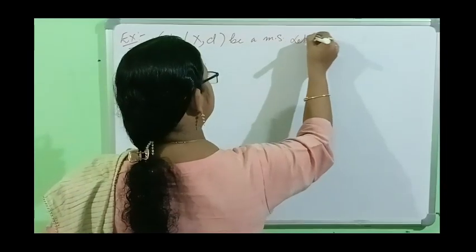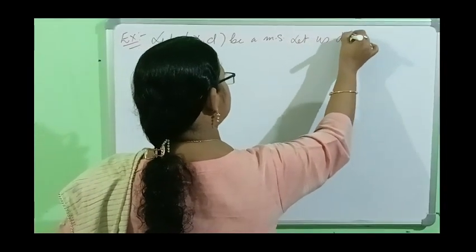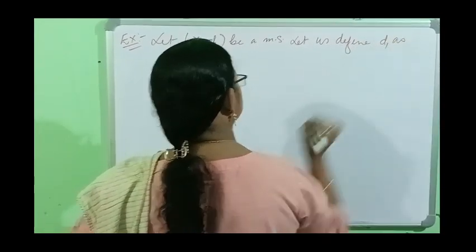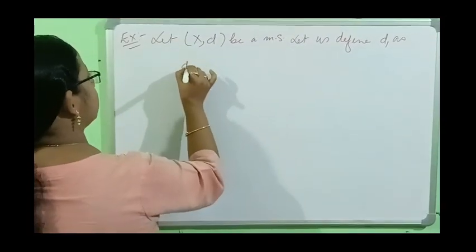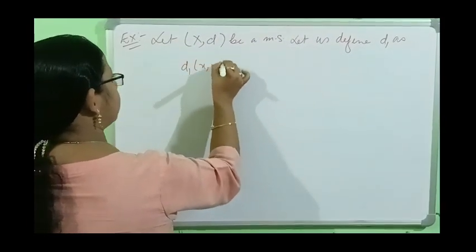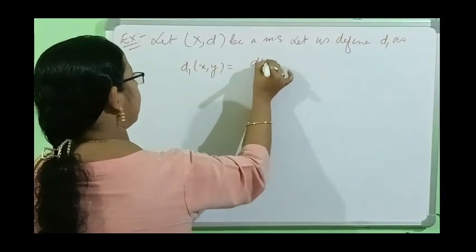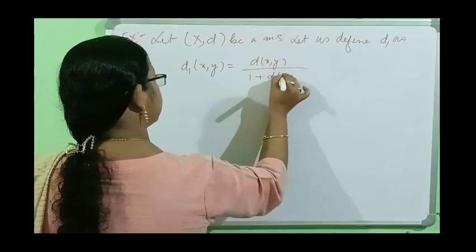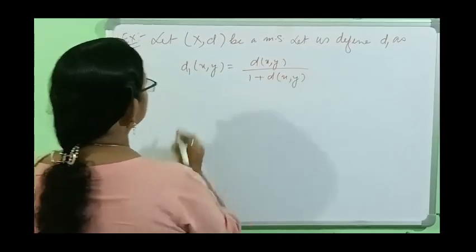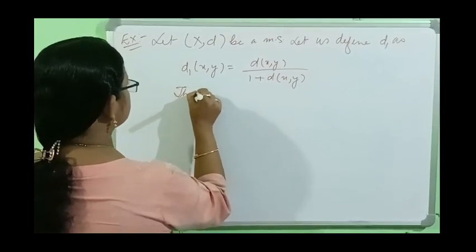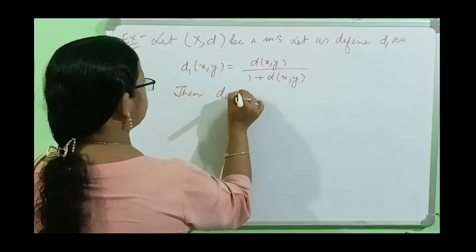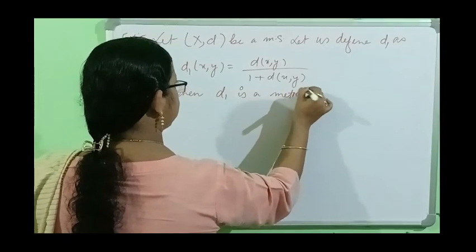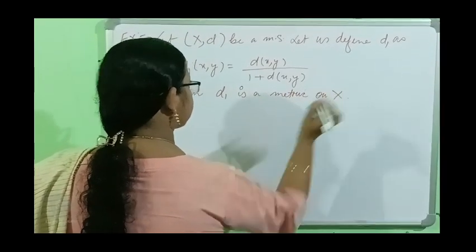Let us define d1 as d1(x,y) = d(x,y) divided by 1 plus d(x,y). Then d1 is a metric on X.